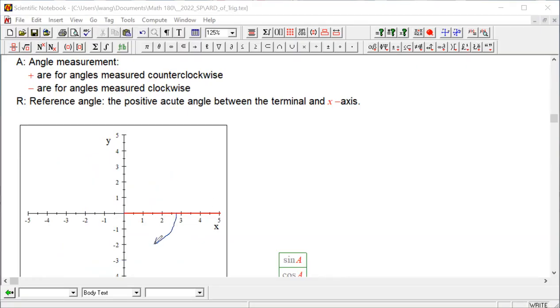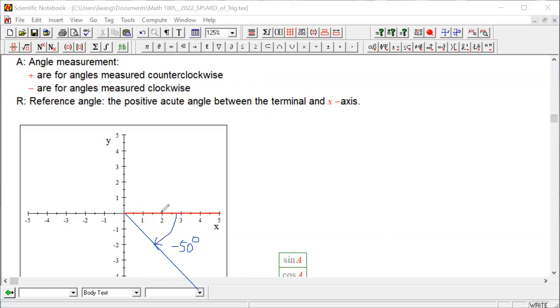So suppose I measure another angle clockwise, right here, and the terminal is right here. Suppose this angle is negative 50 degrees. What is the reference angle for this negative 50 degrees? It's measured clockwise.